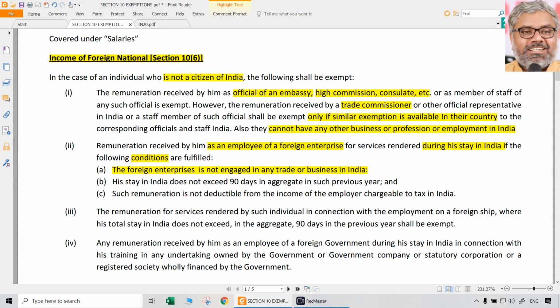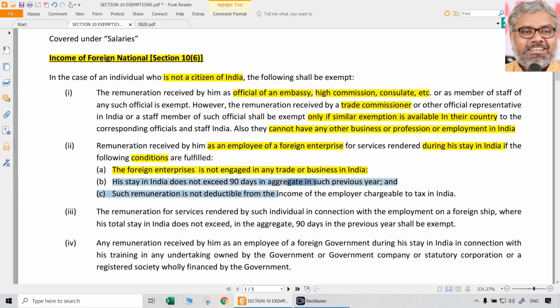A lot of foreign charitable organizations work in India and their employees also visit India. They render some services in India. And if we tax them because of that, that will not be fair. So we are exempting that. The condition is that the enterprise should not be engaged in any trade or business in India.